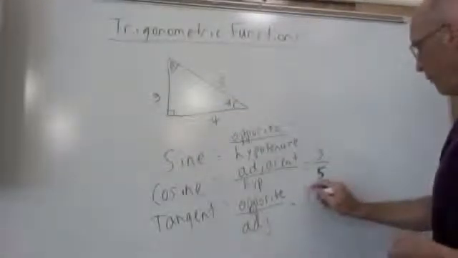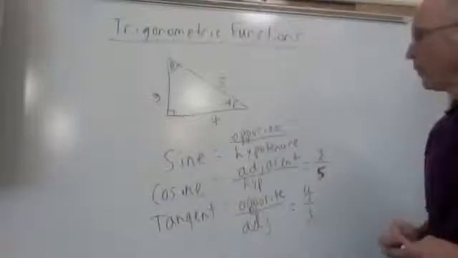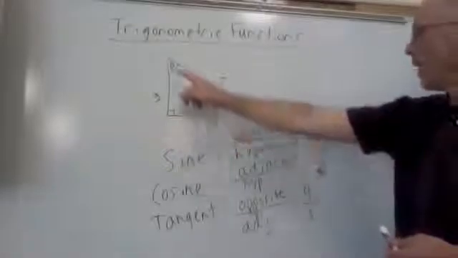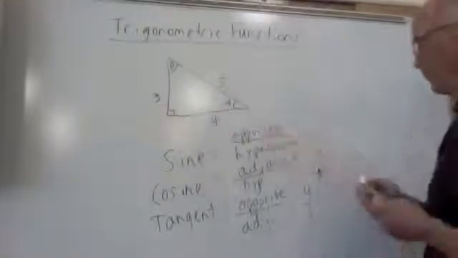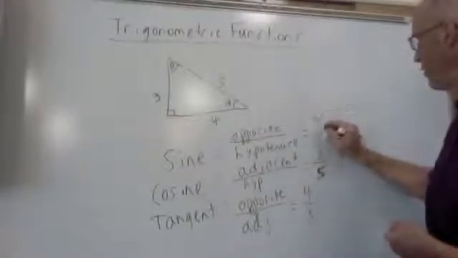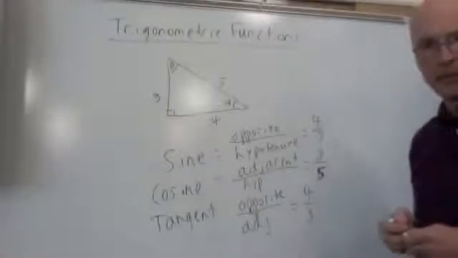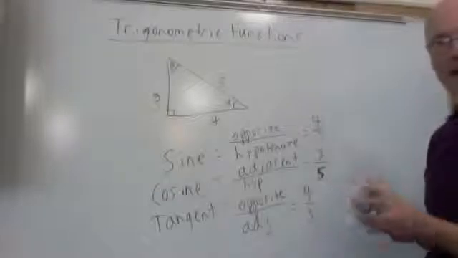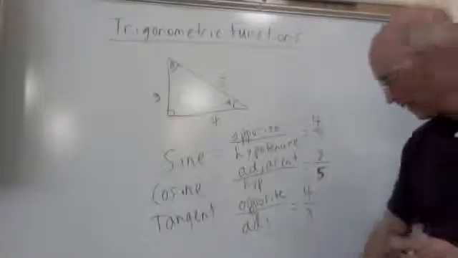It would be 4/3. The sine for angle B would be the opposite over the hypotenuse. In this case, it'd be 4/5. Okay, does that make sense? I hope it makes sense about how we're getting these relationships.